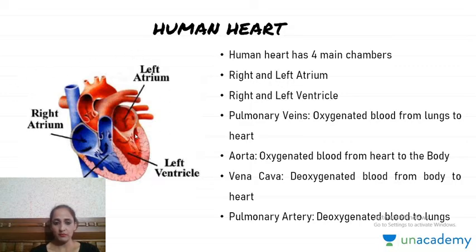So we have already covered heart has 4 chambers: left atrium, left ventricle, right atrium, right ventricle. Next is veins. So these are 4 important names that you have to remember, guys.